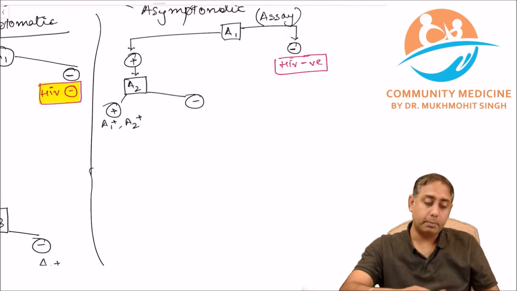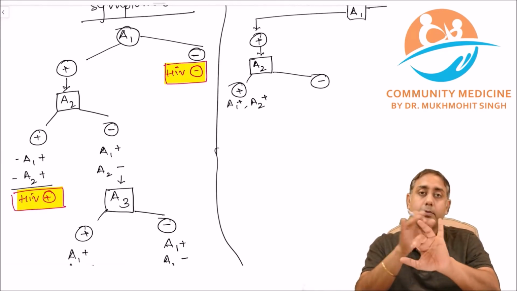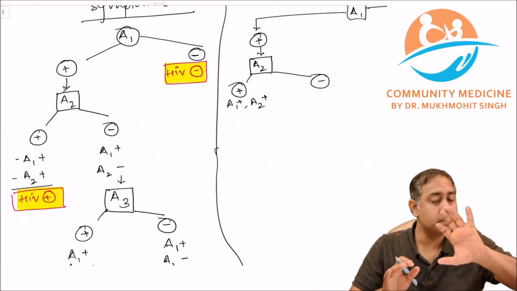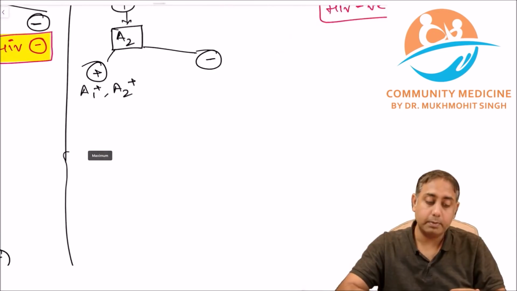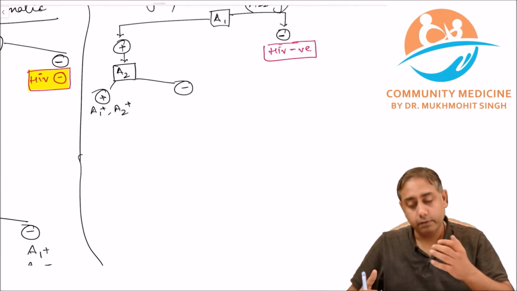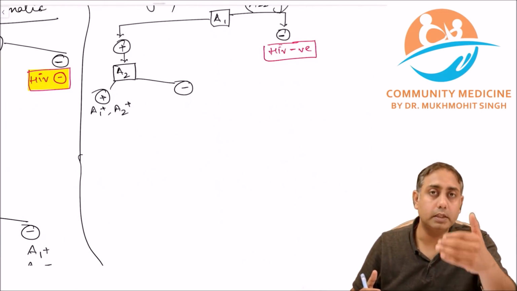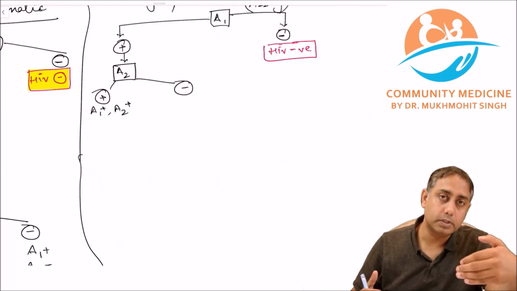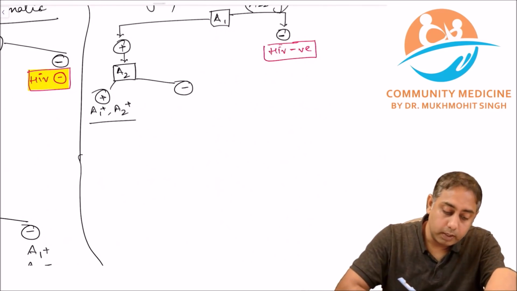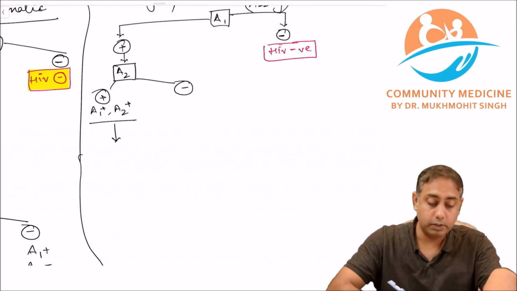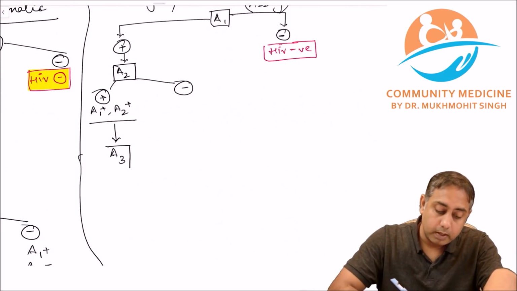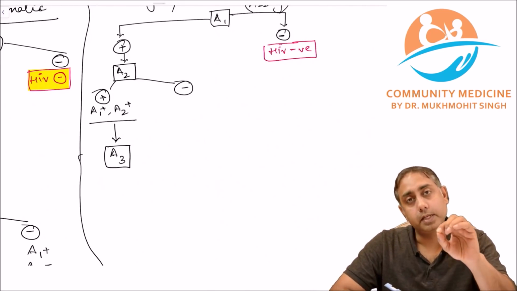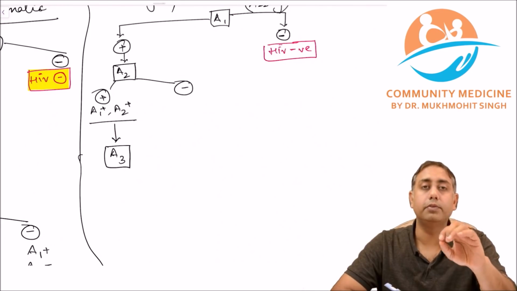Remember, in symptomatic patients, A1 positive and A2 positive is HIV. But in asymptomatic patients like you and me who are healthy, if we go to an ICTC center and A1 is positive, A2 is positive, then to reconfirm we need to send this patient for A3. You cannot declare them as HIV unless you have the A3 result.